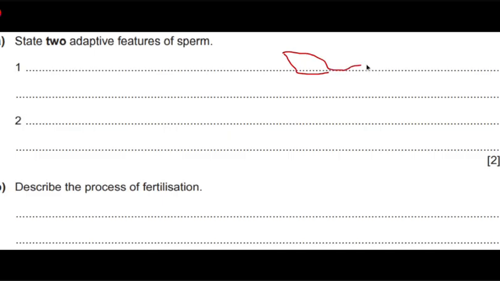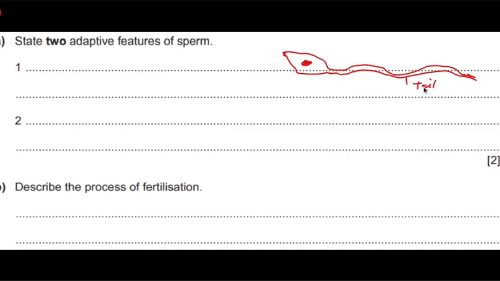So this is how a sperm looks like. Never mind, this one is just a rough sketch of a sperm. You're going to say this one is looking like a needle. No, that's okay. The adaptive structures or features of the sperm, as you can see, this one is a tail.